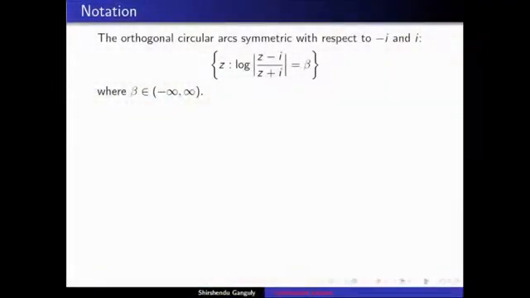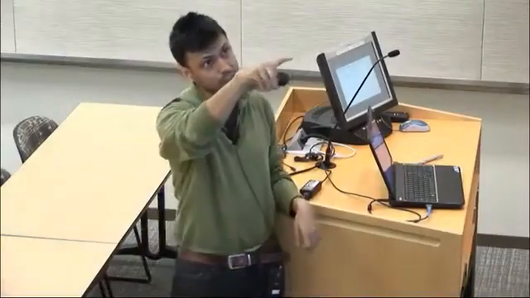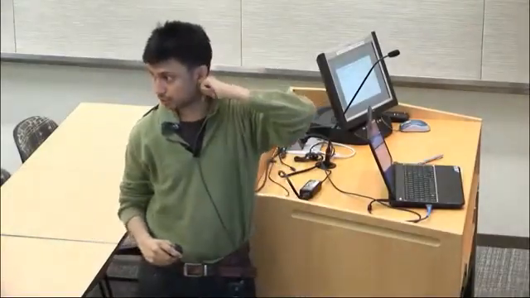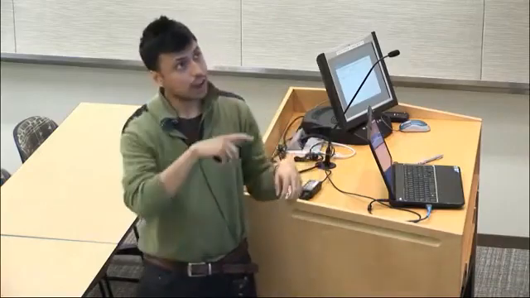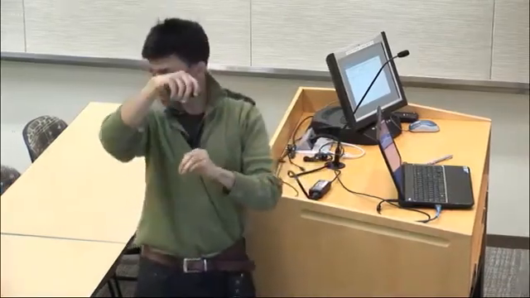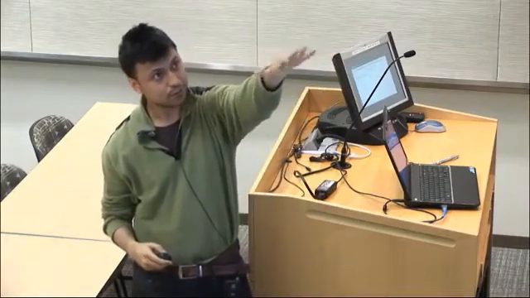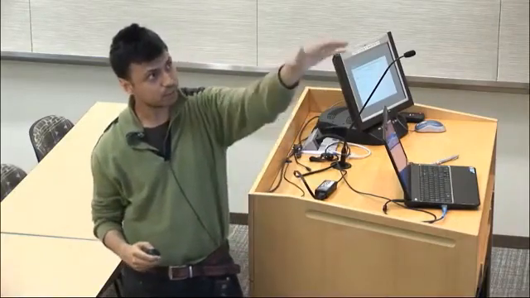Now for the disk I had these orthogonal circular arcs, and they turn out to be the level sets of the function log of (z minus i) over (z plus i). Every orthogonal circular arc which is symmetric with respect to minus i and i will be the set of z inside the disk such that this is equal to beta for some beta on the real line.